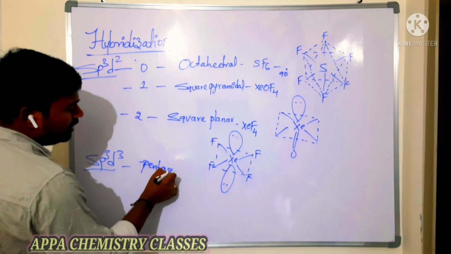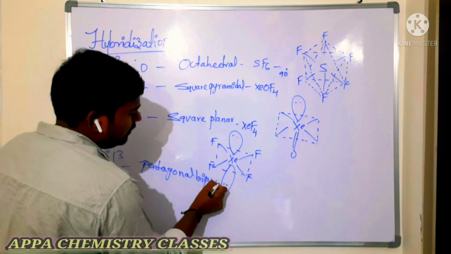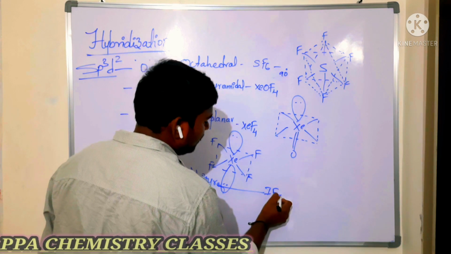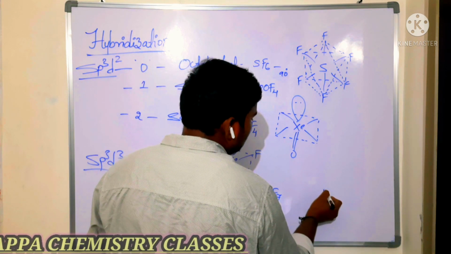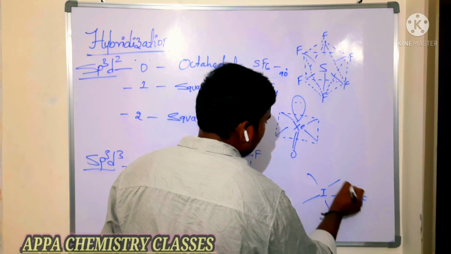It is pentagonal bipyramidal. Here we have 2 different types. The example is IF7, where I is the central atom. You have to draw a pentagon.